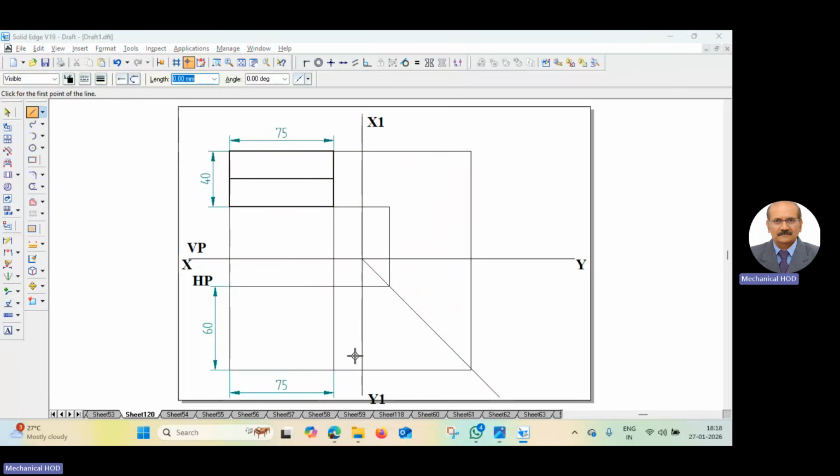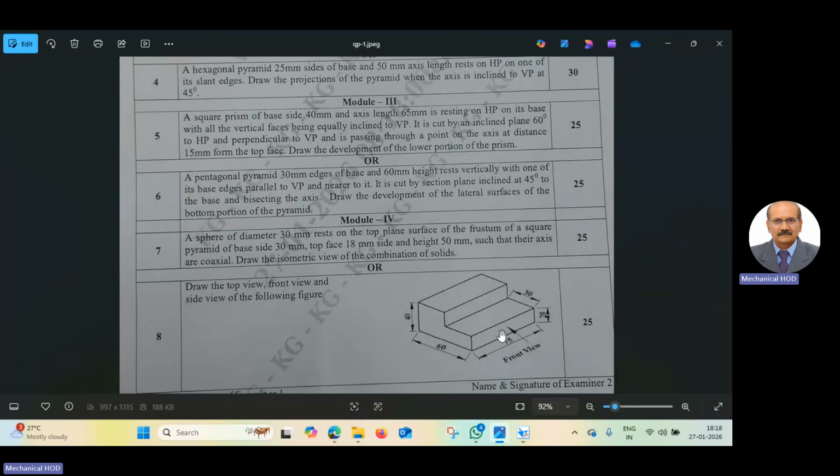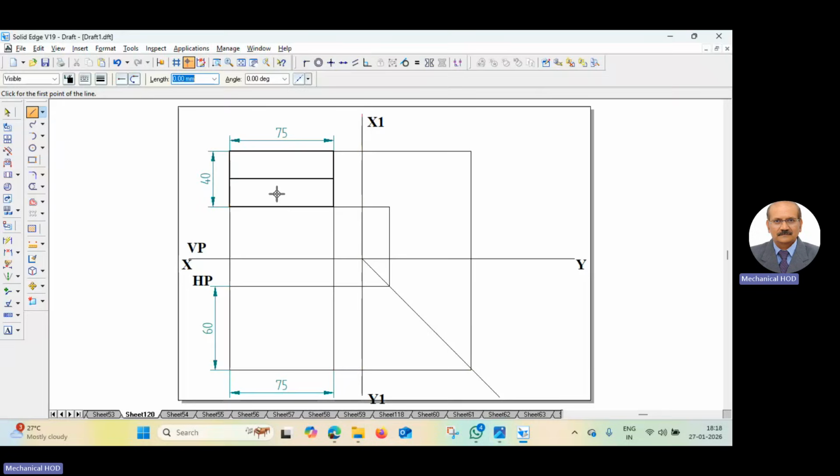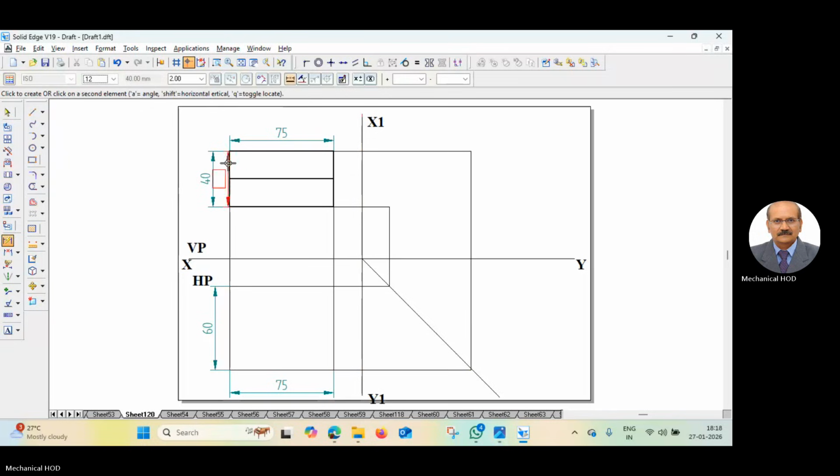Then in the middle, you'll see one more. This is the front view. See, in the front view, we see two steps, 20 mm height each. So we see the two steps, two rectangles, 20 mm height each. So the dimension of this is 40 and 20. Now we'll go to the top view. In the top view, what we see?